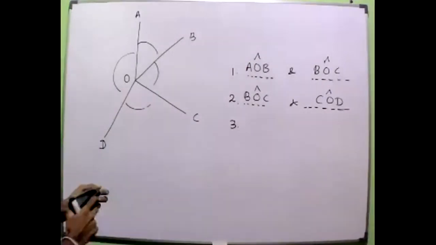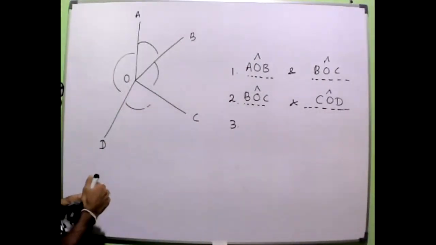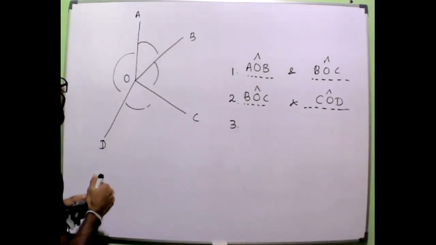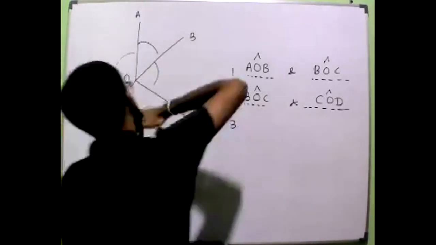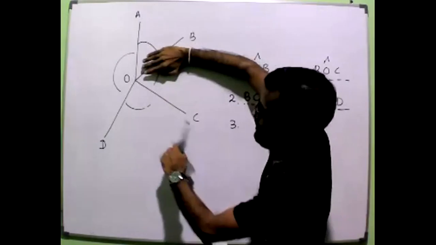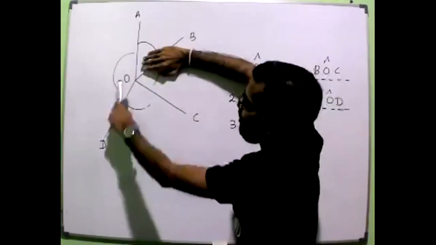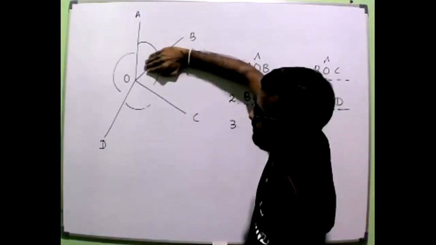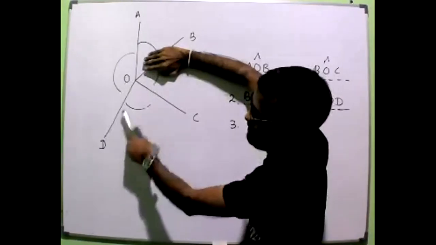So now I forgot this one, and now let's forget OB. Now I have COD and DOA. So O is the common vertex and OD is the common arm.